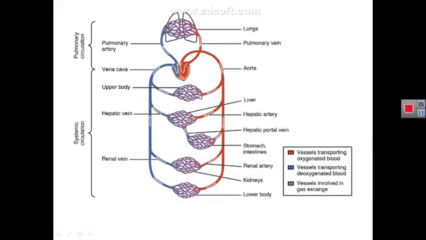Such an anastomosis is seen in the lung, in the pulmonary circulation, but also in the upper body, in the lower body, in the kidney, and even in the liver and GIT, gastrointestinal tract. So this is the more developed arterial channel. It forms pulmonary circulation and systemic circulation that branches profusely to return the blood to the venous side.